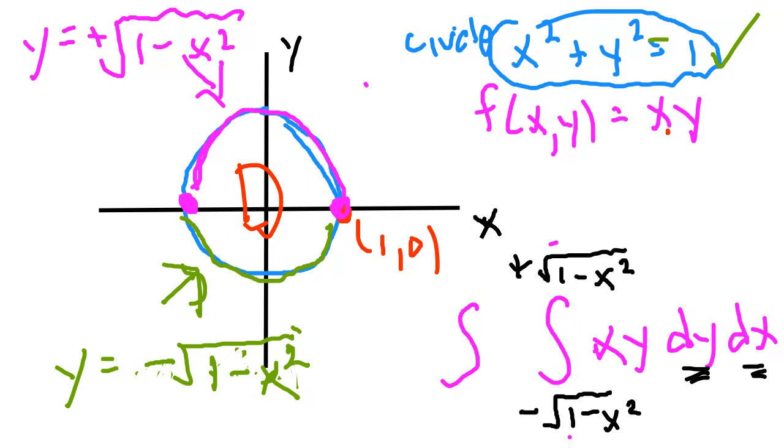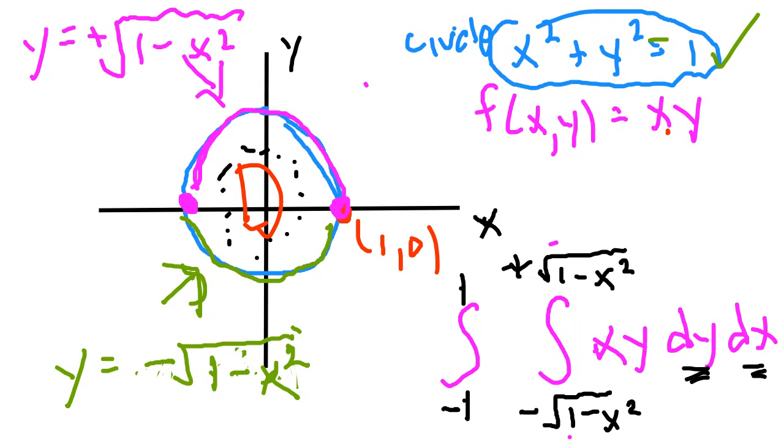What would the x limits go from? Here and here. Any coordinate in here, the x coordinate would go, that's right, Mary, good, from negative 1 to 1.